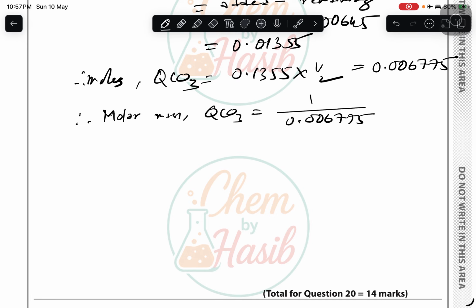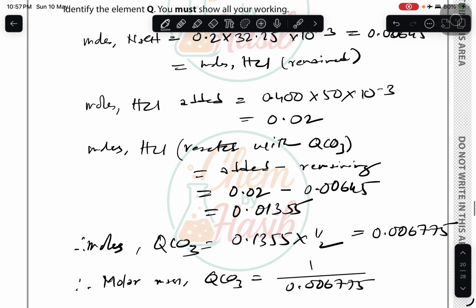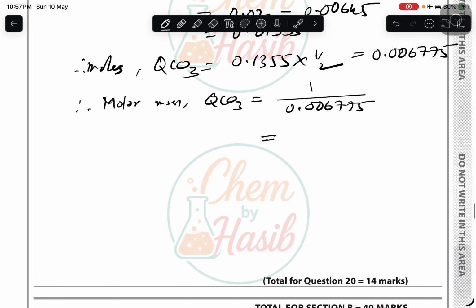Mass was 1 gram. So the molar mass is found to be 1 divided by 0.006775, which equals 148 grams per mole.